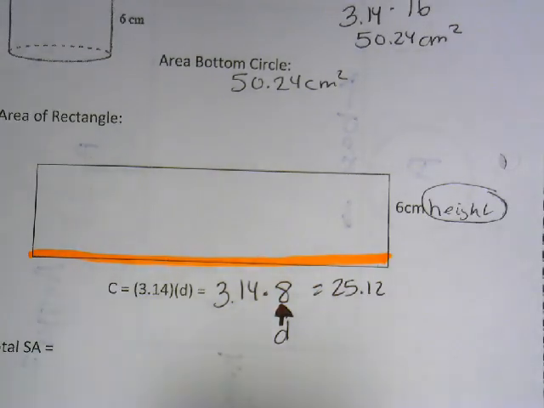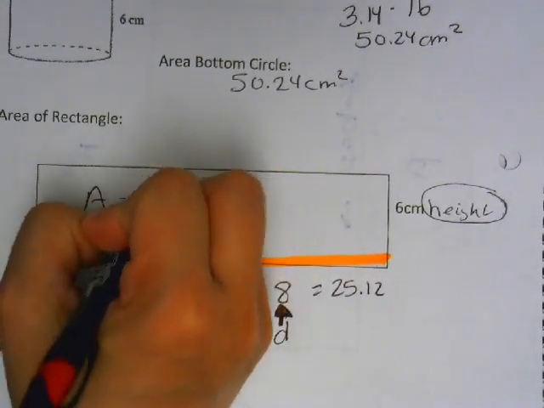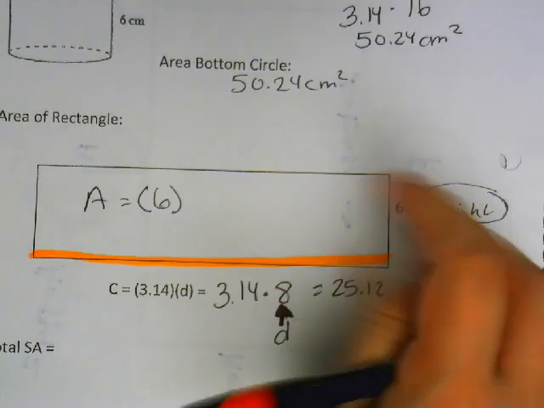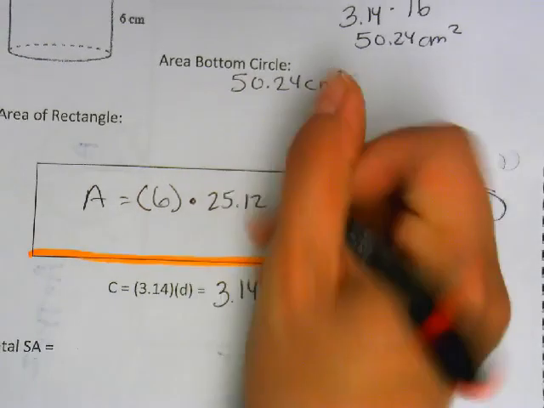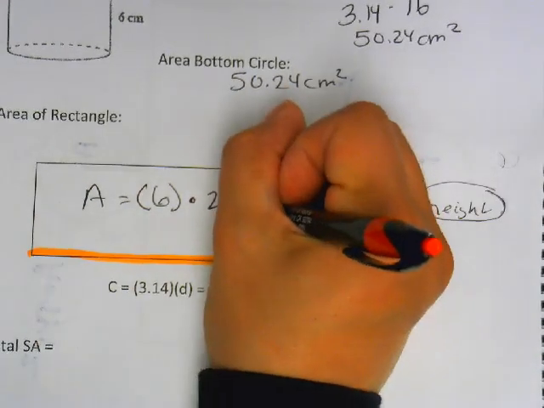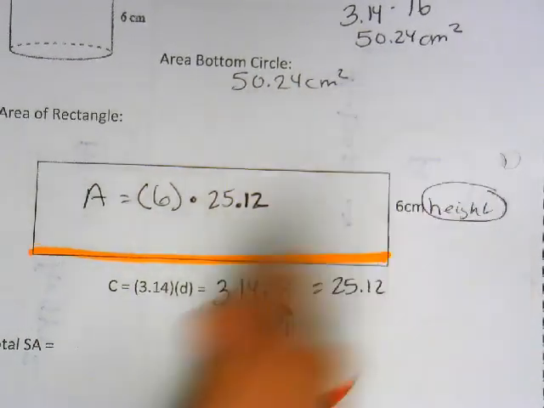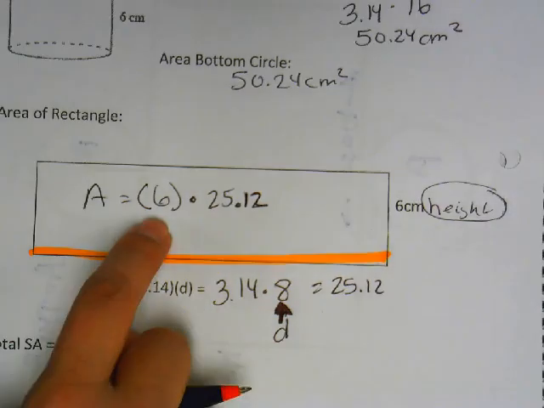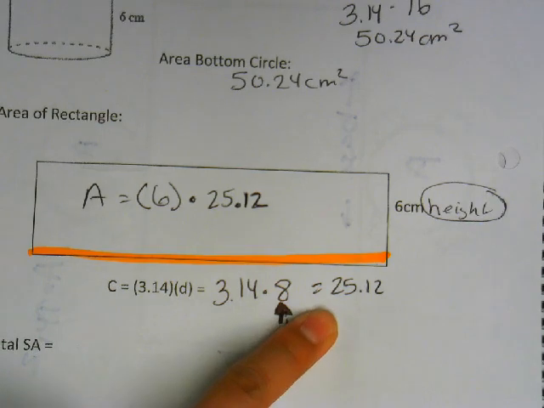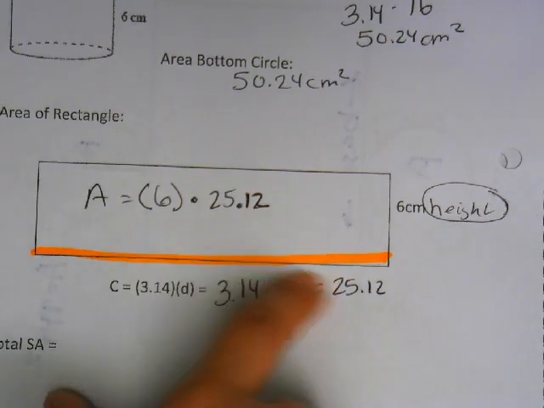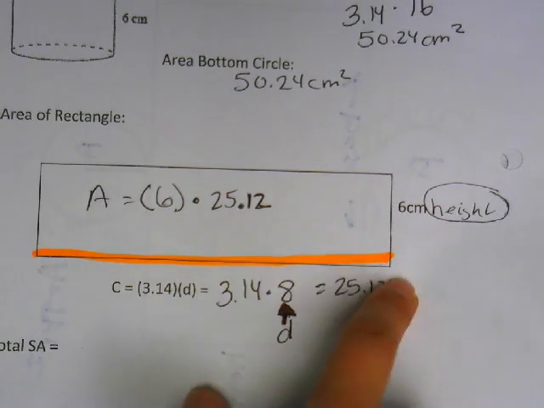So to find the area of a rectangle, I need to take my 6, which is my height, times my 25.12. So this is my base times my height. This answer looks like you're done, feels like you're done, but in reality, you're just finding the measurement of the orange line. The measurement of the orange line is 25.12.